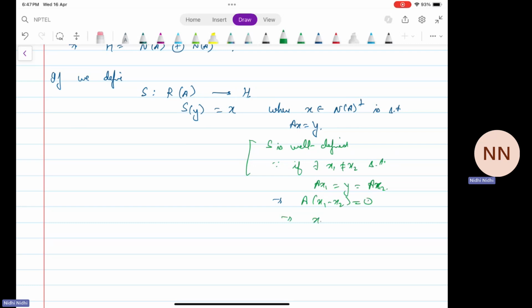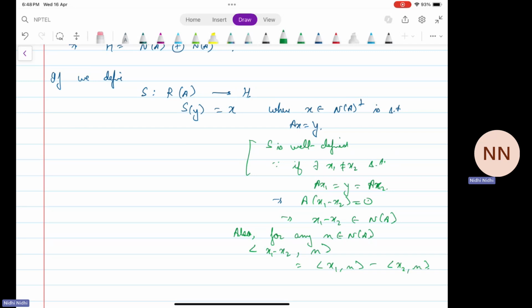That means x1 minus x2 belongs to the null space of A. Also, for any n belonging to the null space of A, the inner product of x1 minus x2 with n is equal to x1 with n minus x2 with n.